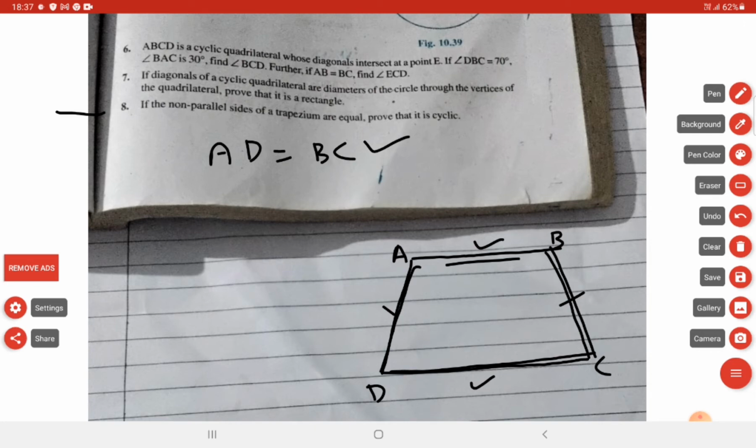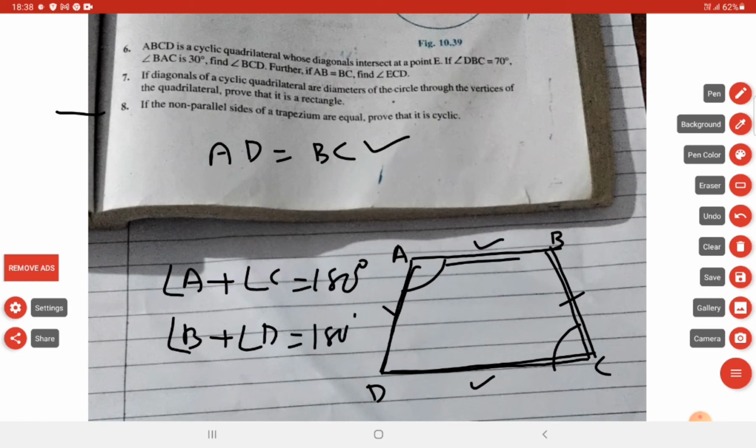Now, in order to prove that ABCD is cyclic, we can show the sum of the opposite angles is 180 degrees. That is, if ABCD is a cyclic quadrilateral, angle A plus angle C is equal to 180 degrees. Same way, angle B plus angle D is equal to 180 degrees. Okay, it's a converse.